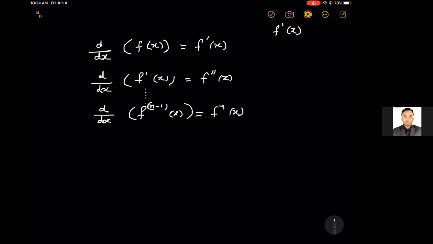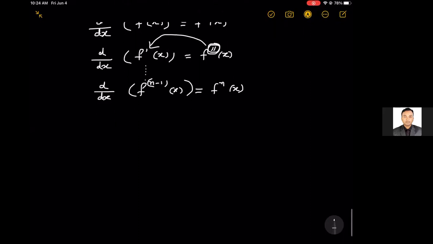That means it's true for any number. As you can see, when you try to find the second derivative, all we did is to find the derivative of the first derivative. We differentiated that again, right? That means if you're trying to find the nth derivative, you just differentiate the (n-1)th function again. That's it.